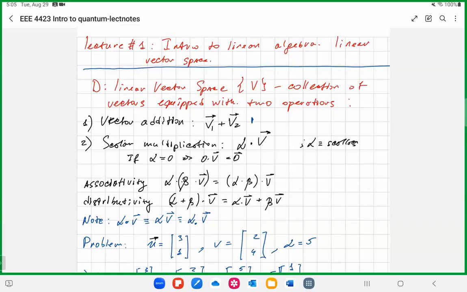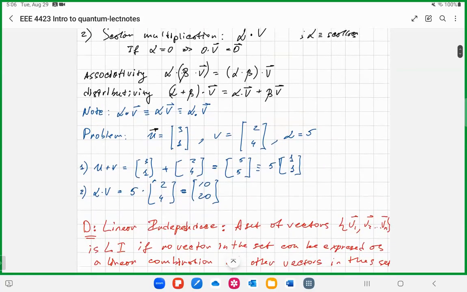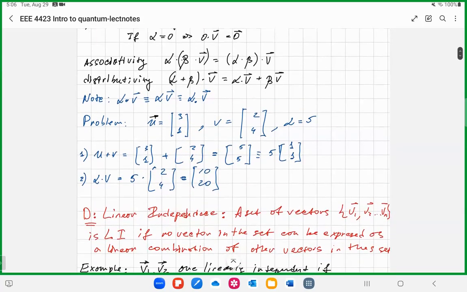All right. Hello, everyone. So today is lecture number 2, and here is a brief recall of what we've done last time. Last time we introduced this concept of linear vector space, and we discussed how we introduce this type of space.